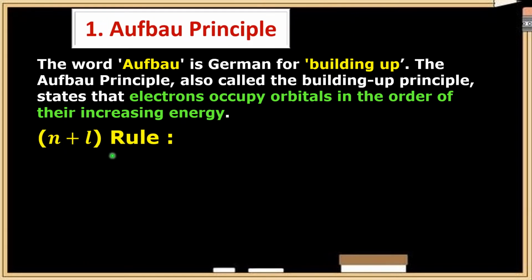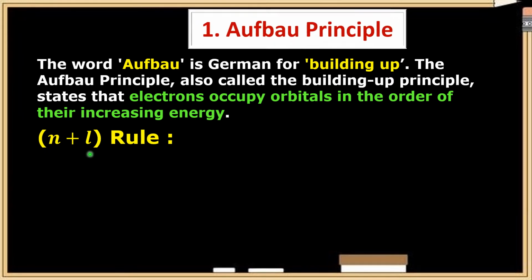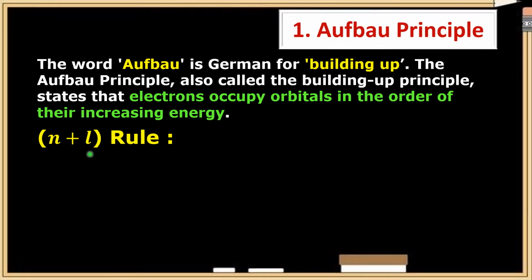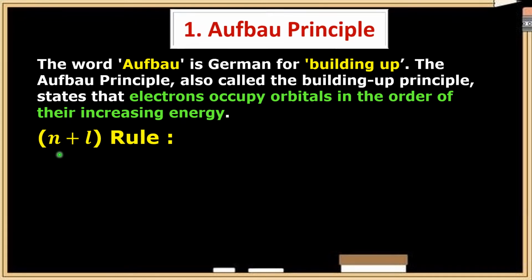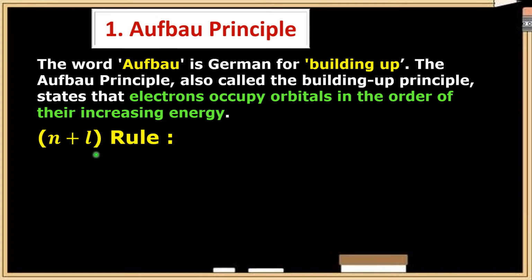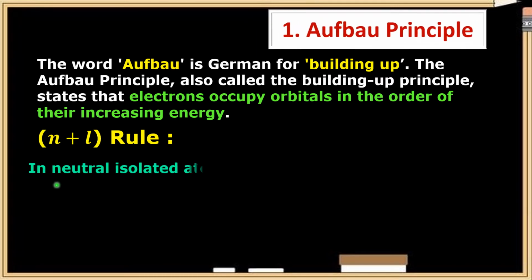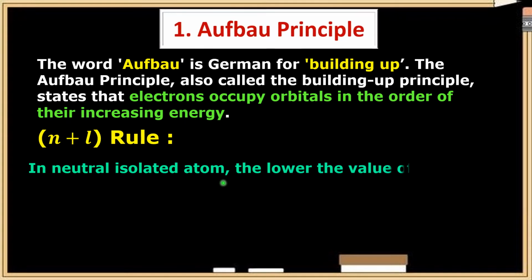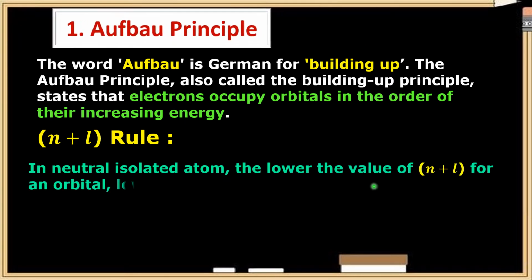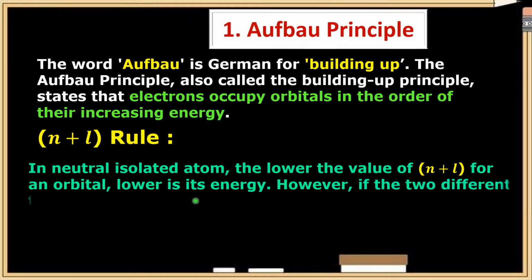You can see here, the n plus l rule I am showing you. By using the n plus l value of any orbital, we can know the energy of that particular orbital. In a neutral isolated atom, the lower the value of n plus l for an orbital, the lower is its energy.